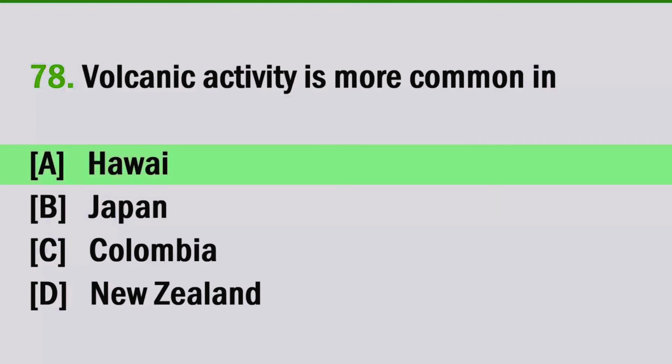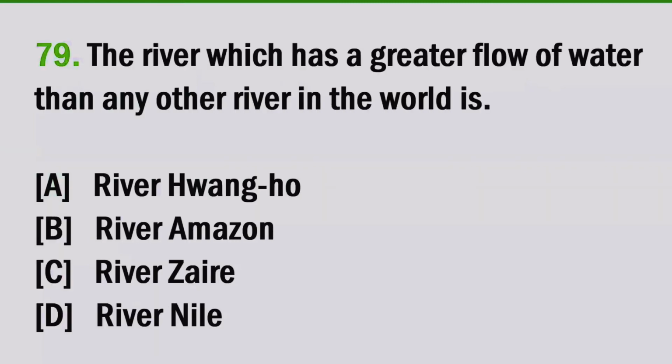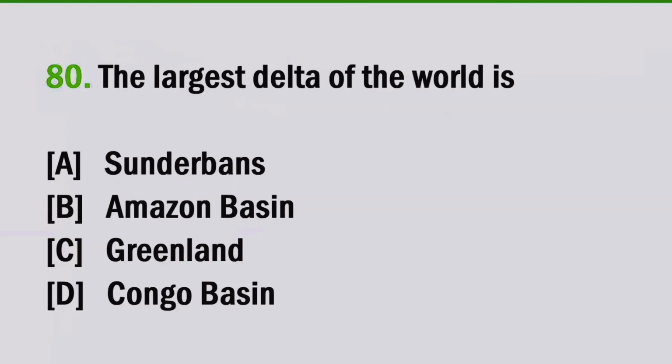Answer A. Hawaii. The river which has a greater flow of water than any other river in the world is. Answer B. River Amazon. The largest delta in the world is. Answer A. Sundarbans.